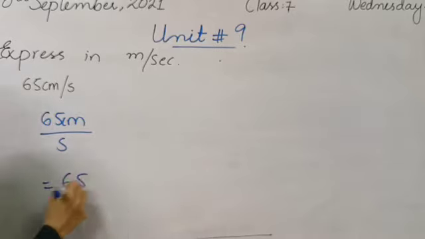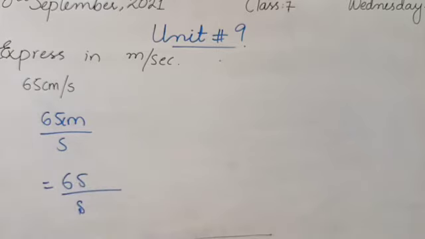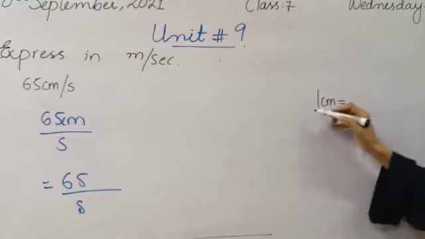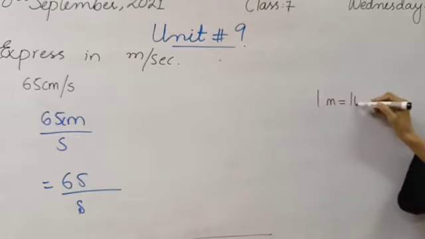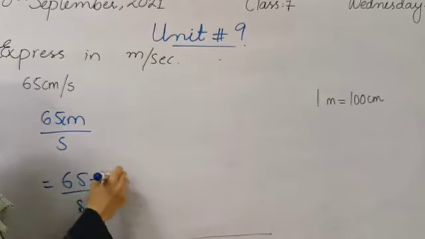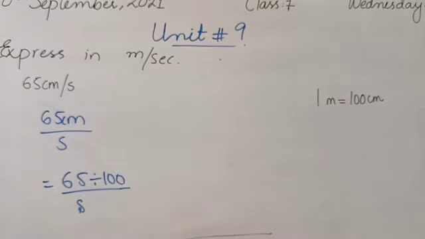What is the conversion factor for centimeter into meter? 1 meter is equal to 100 centimeter. So simply divide 65 by 100. 65 divided by 100, so you get the answer in meters.